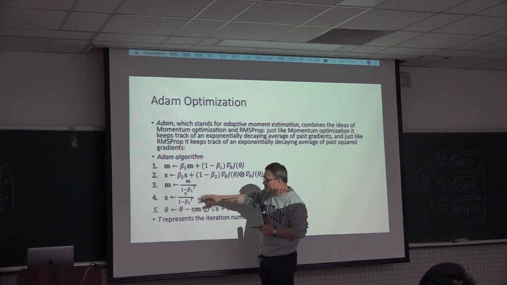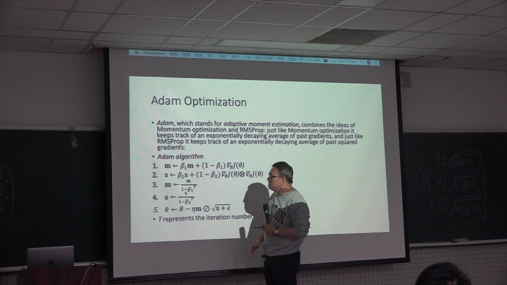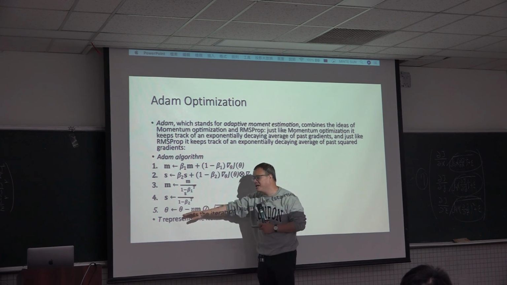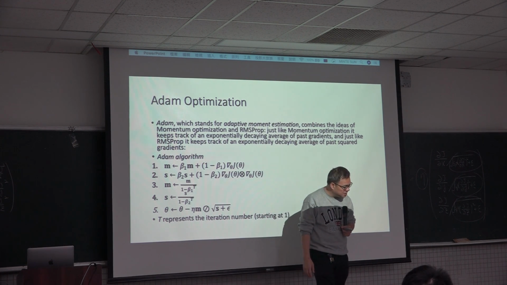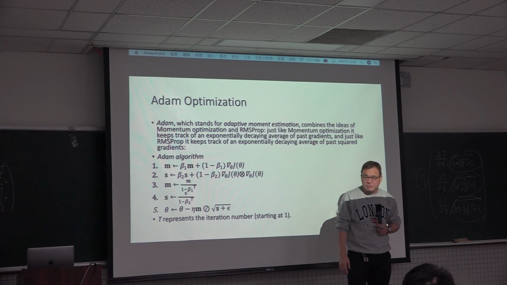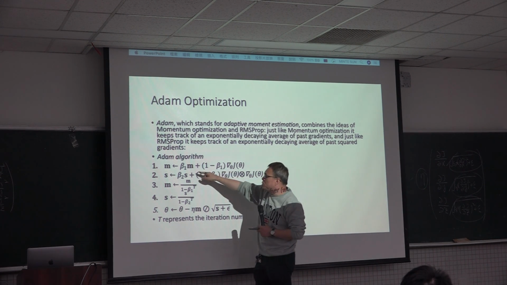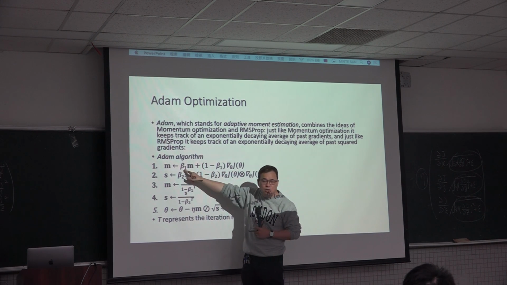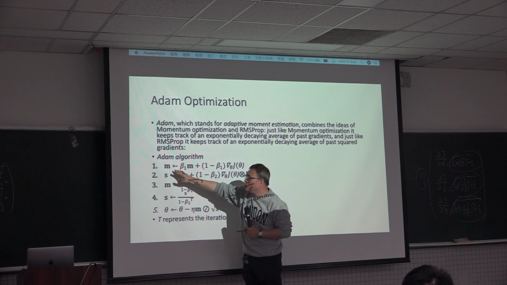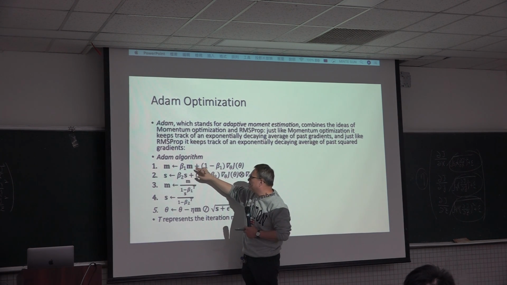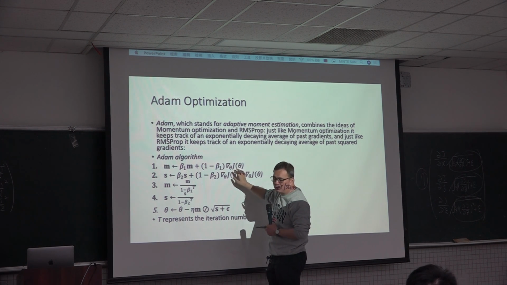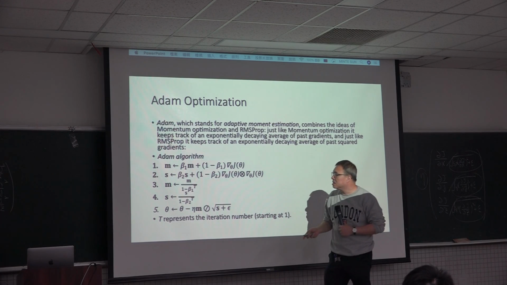But anyway, even though I say the first line and the first half of line 5 is the momentum optimizer, it's still a little bit different from the momentum optimizer. In the momentum optimizer, we do not have exponential decay here. It was assigned beta times m plus eta times the gradient.